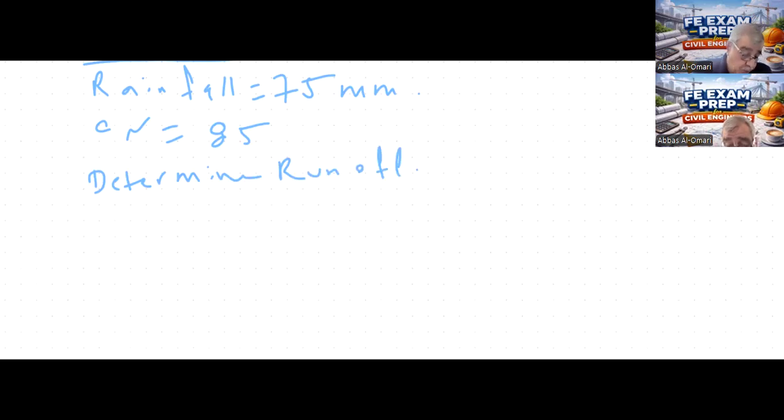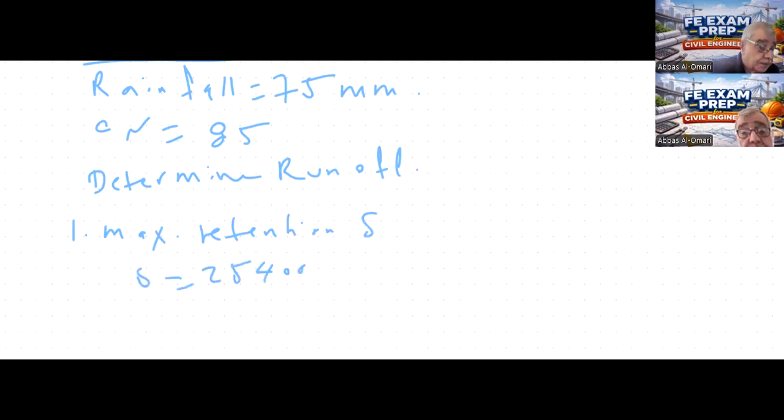For the curve number method, we first calculate the maximum retention, the S. So S equals 25,400 divided by the curve number minus 254.